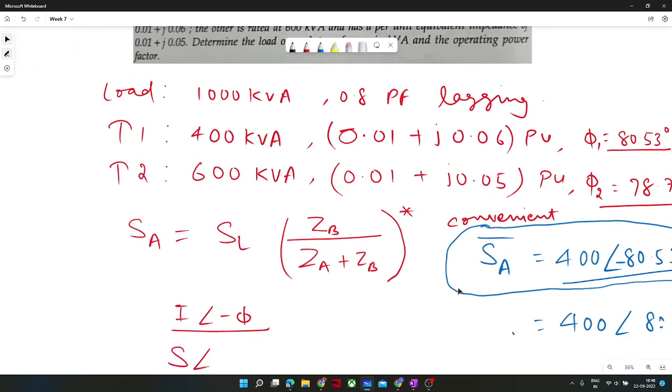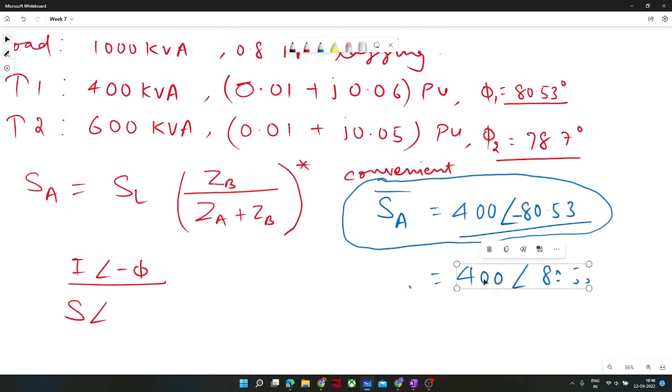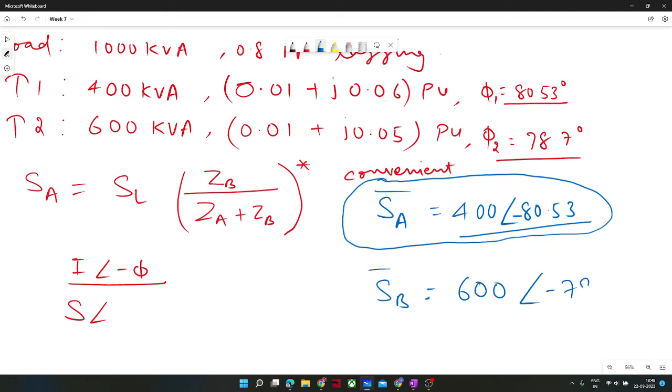Similarly, I can write SB in convenient form: 600 angle minus 78.7 degree. I am just writing lagging as negative, leading as positive. Generally it is not the same.